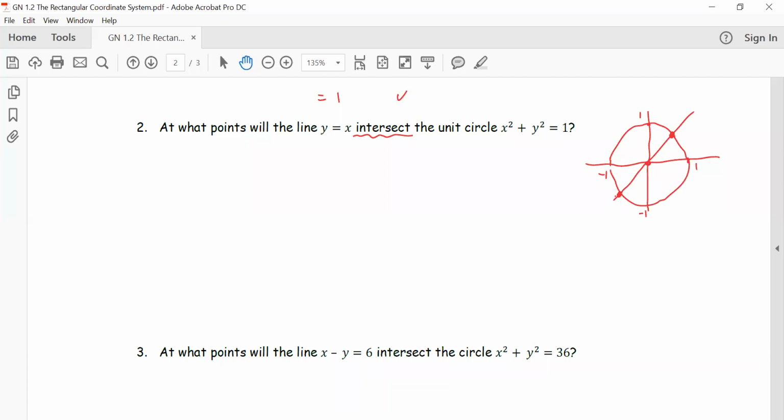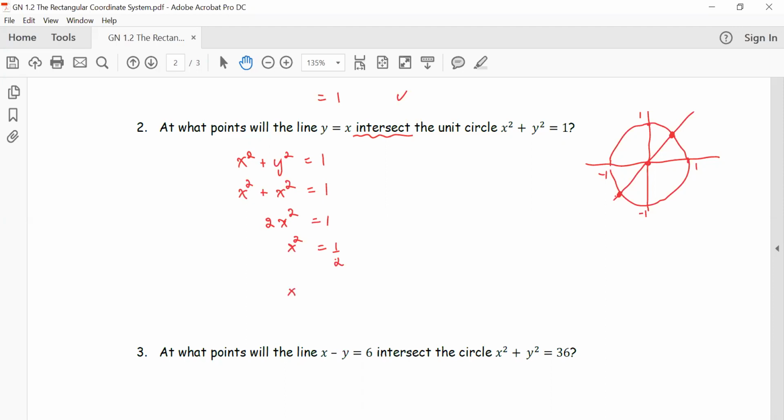As y equals x, we replace y with the x value. So x squared plus y squared equals 1 from the unit circle, with y equals x. Therefore, we have 2x squared equals 1, or x squared equals 1 over 2.